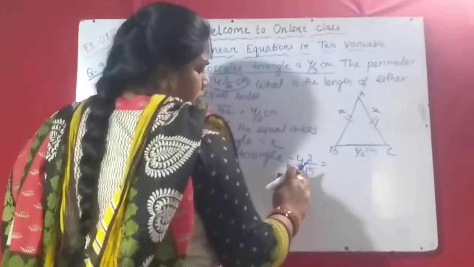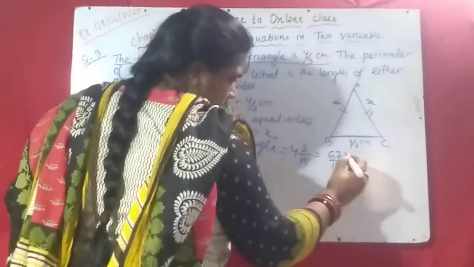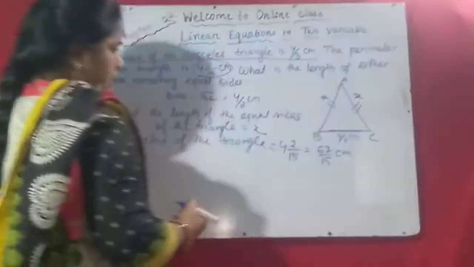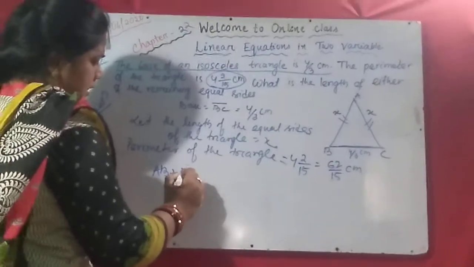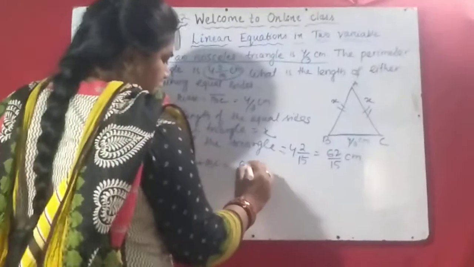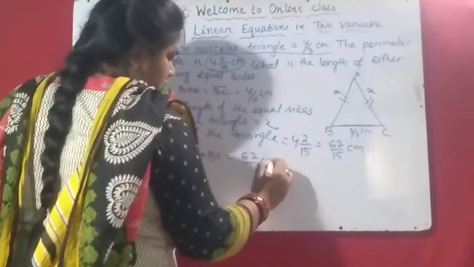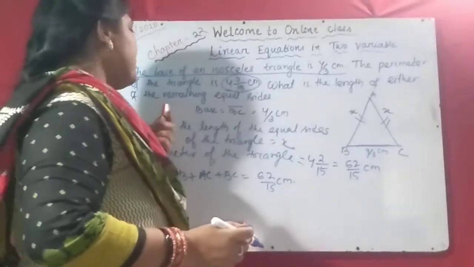Make it an improper fraction: 15 times 4 is 60 plus 2, that is 62 by 15 cm. Perimeter means AB plus AC plus BC, that is 62 by 15 cm. The question is, what is the length of either of the remaining equal sides?